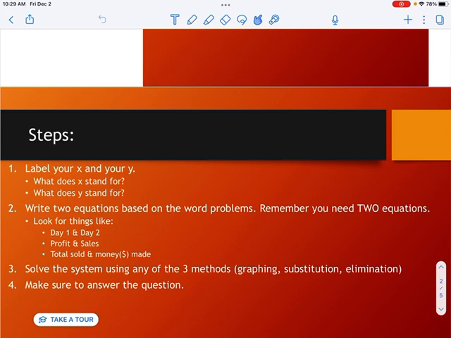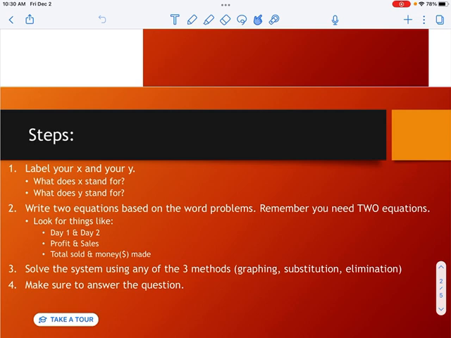Now, once you do that, you're going to write two equations based on the word problem. Remember, you need two of them. What you're going to try and look for are things like day one, day two, Johnny's and Samantha's sales, something like that. It's going to give you a sentence, and in that sentence, you should be able to find an equation based off of that.